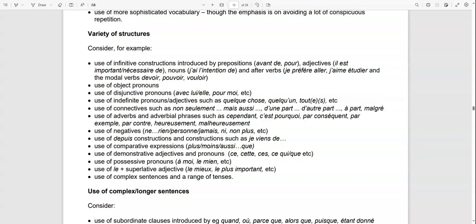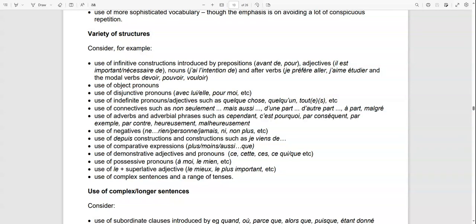Je l'aime, and that's L apostrophe AIME, I like it, or I it like. Those are examples of object pronouns, or je les étudie, I study them, for example, if you're talking about les sciences, which is plural.